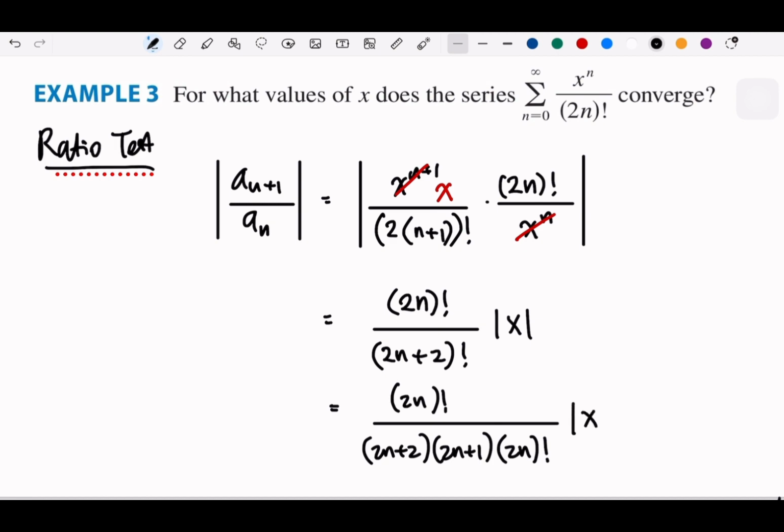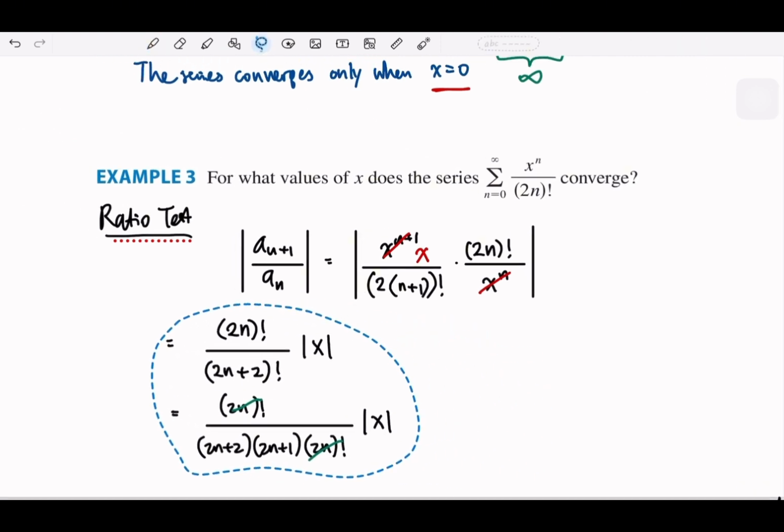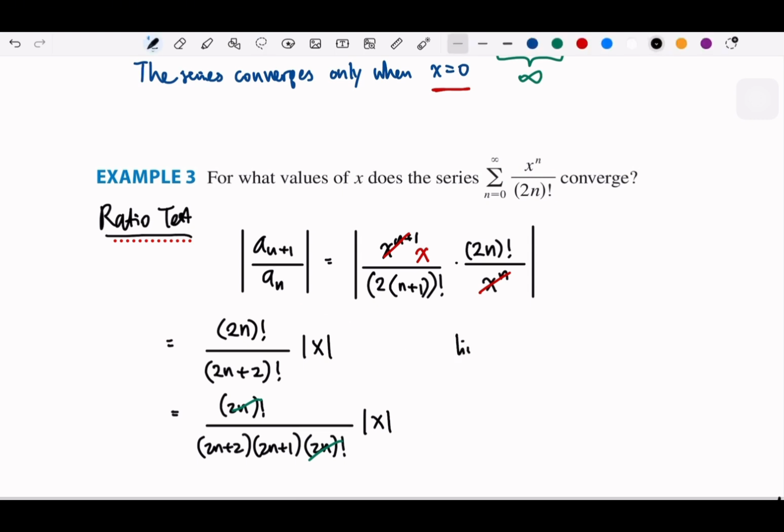So we can cancel the factorial, okay? And then take the limit. Let me write here. Take the limit. Let me move to the left a little bit. Or maybe let me write it as absolute value limit.